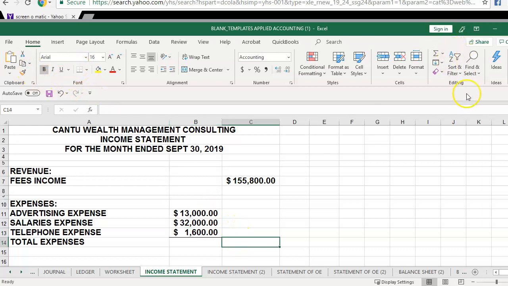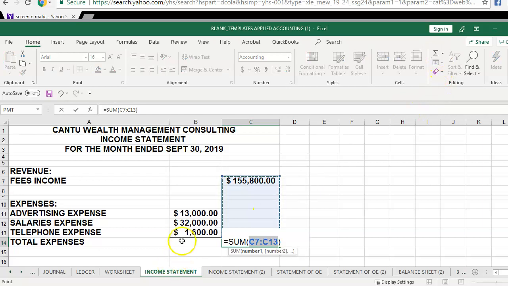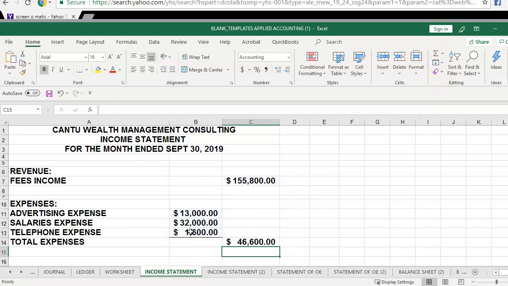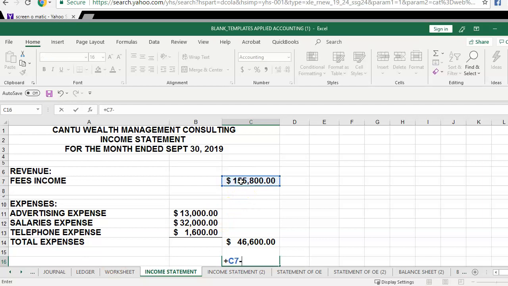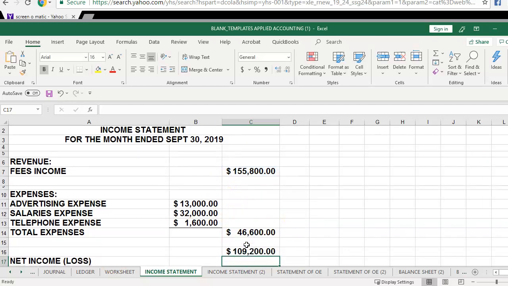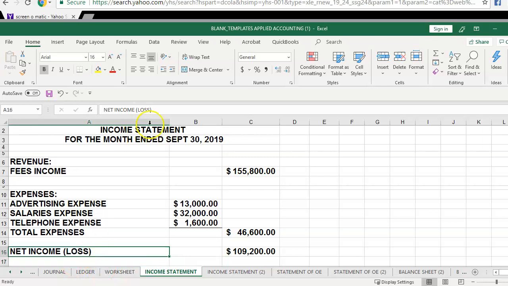All right. So we add these all together, we have total expenses in the amount of $46,600. To determine whether we've earned net income or net loss, we're going to subtract the total expenses from our total revenue. And if that number is positive, which it is for us, that means we've earned net income for the accounting period.